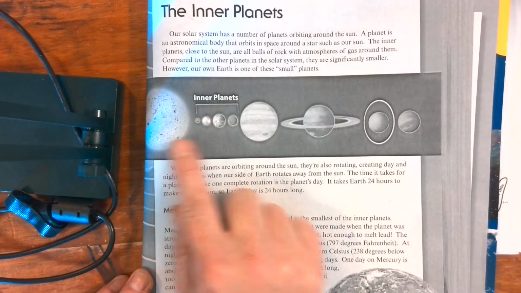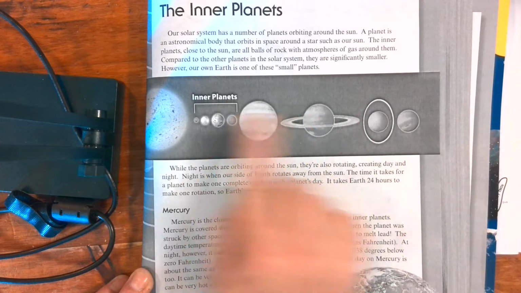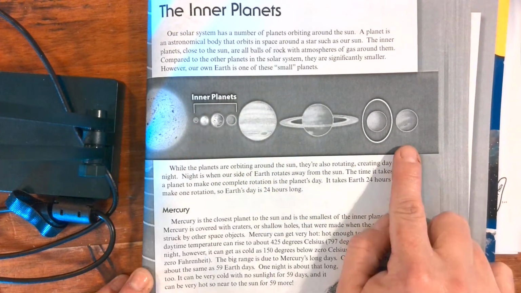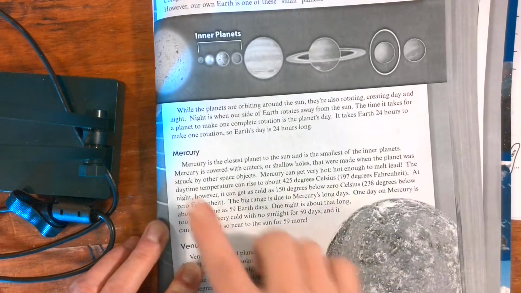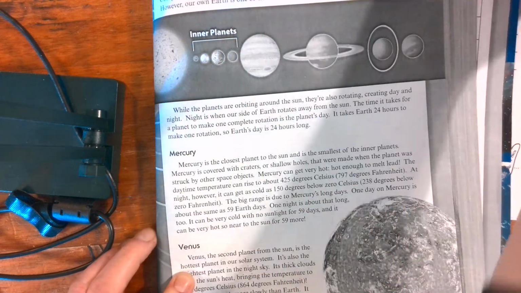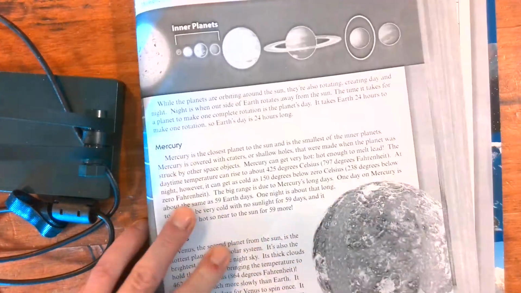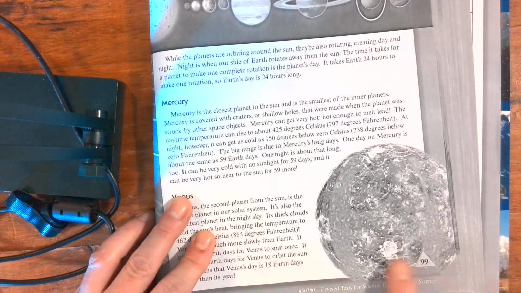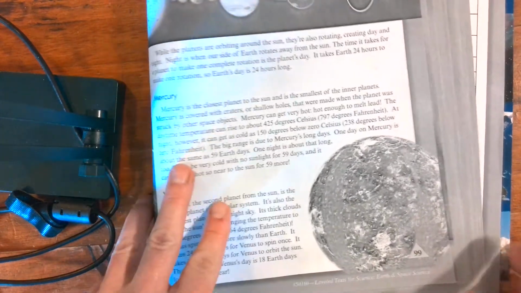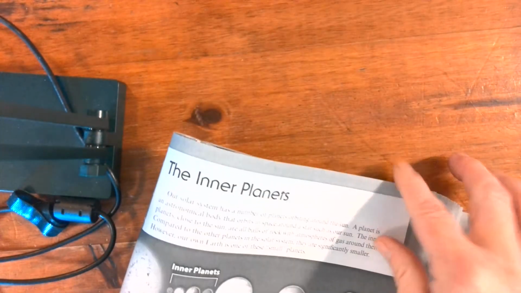Title. What's this text feature right here? I'll give you a clue. So it's a diagram. We have Mercury and Venus, which are what text feature? Subtitles. And then down at the bottom we have which text feature? Photograph. Not an illustration, because remember, it's real life.